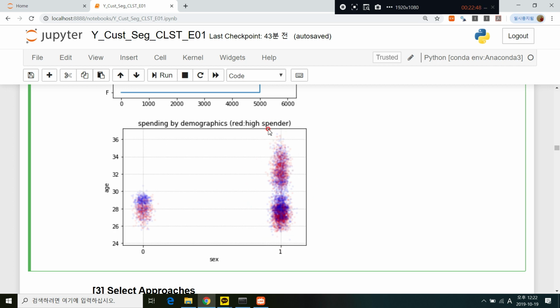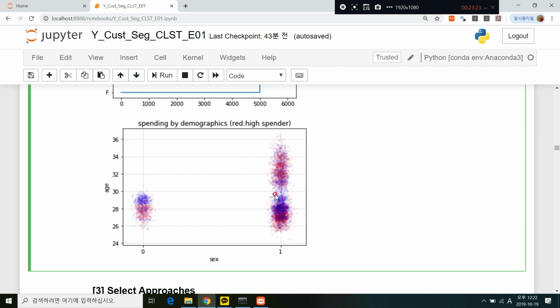Okay, and the red color tells you that it's a high spender, spending more than the median amount. Okay, they could be relatively higher spenders. So let's read the scatter plot. Male customers are a small group, not that big, and female customers are a big group.